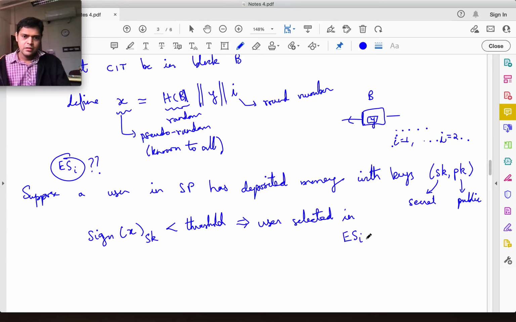So any user can just get his signature, and he knows if he is selected or not. At the same time, nobody else knows what the signature is going to be because they don't have the secret key, so they don't know if a particular user is selected or not. So that gives us the property that we wanted.